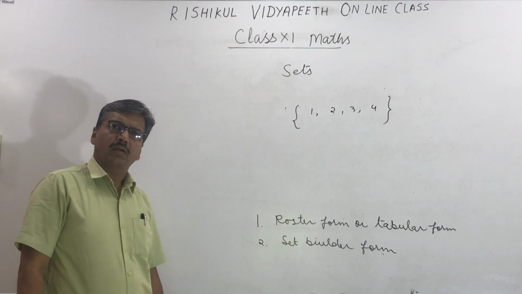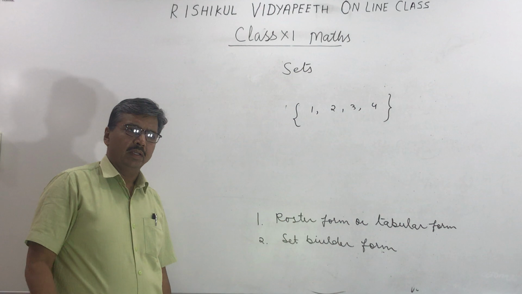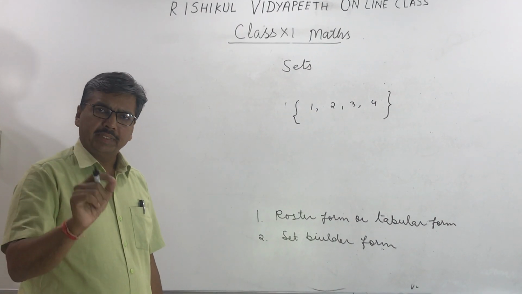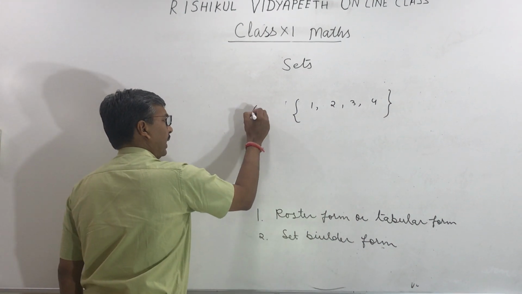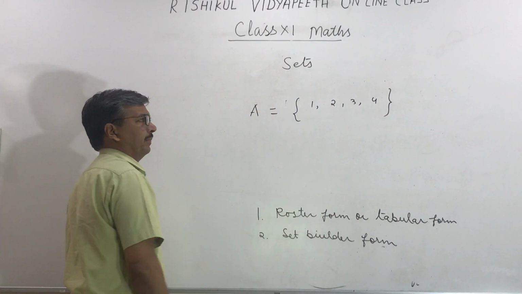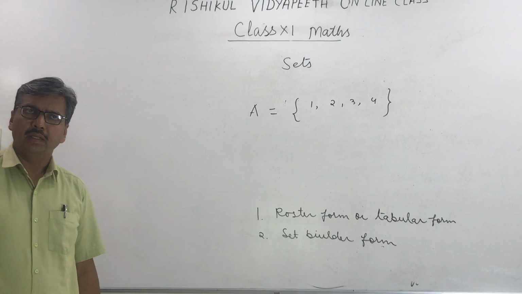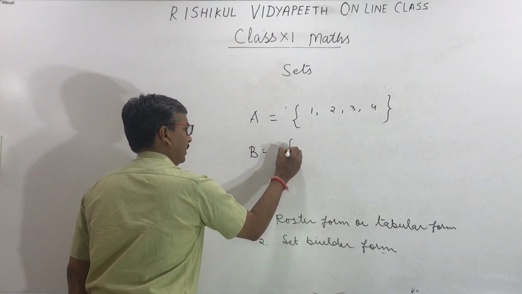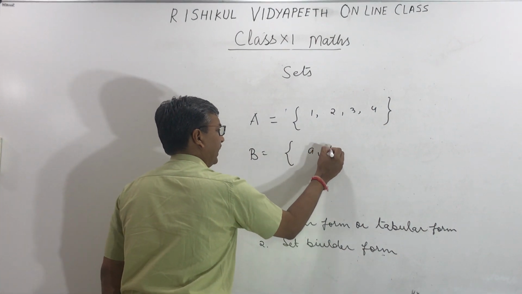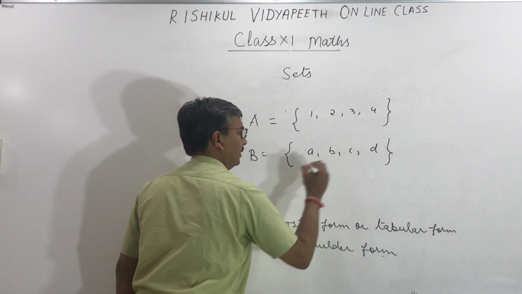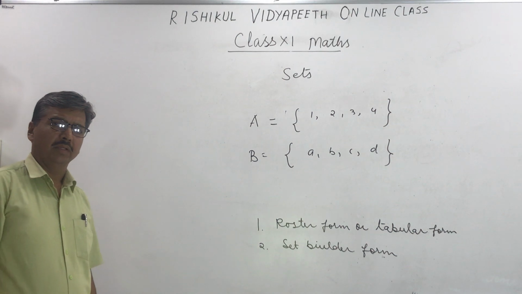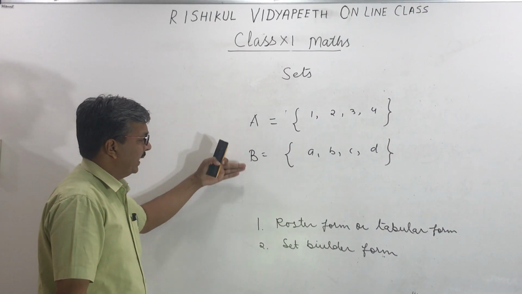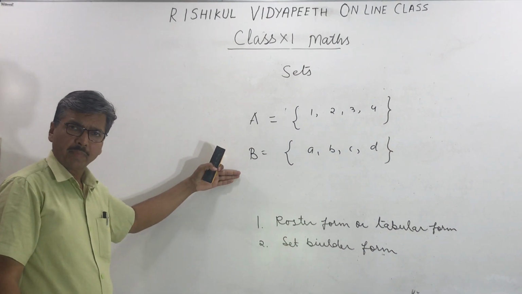This is called roster form, and we give the name of a set using capital letters, therefore I can write set A. We can write so many examples. We can take set B, A, B, C, D, like this. We write all elements in brackets. This is called roster form.